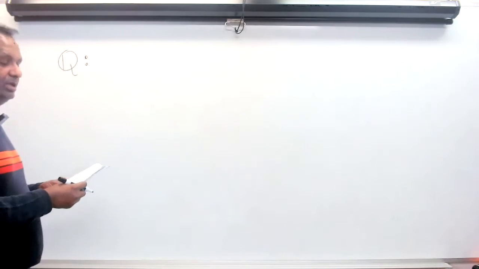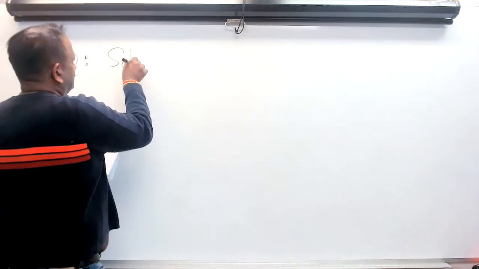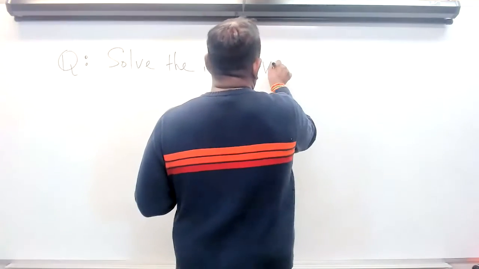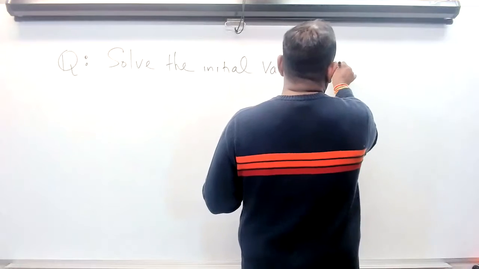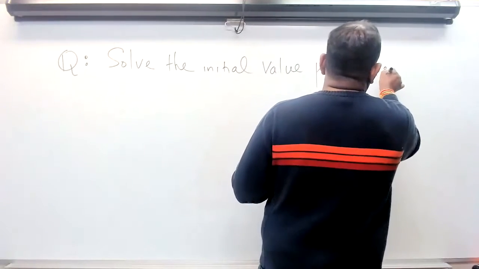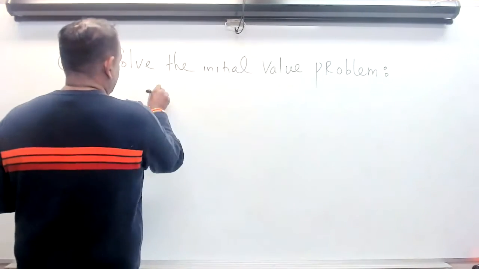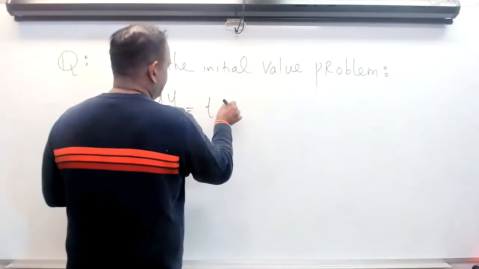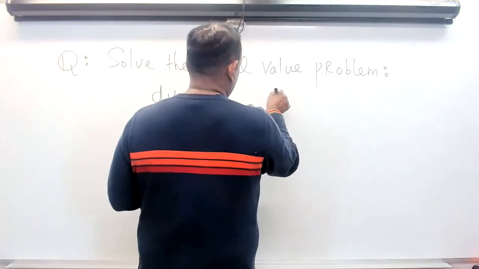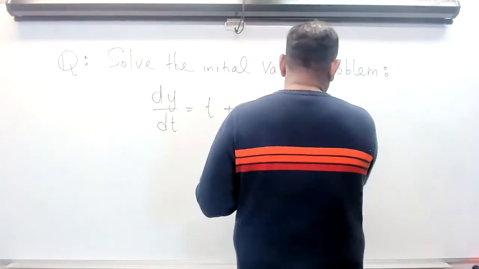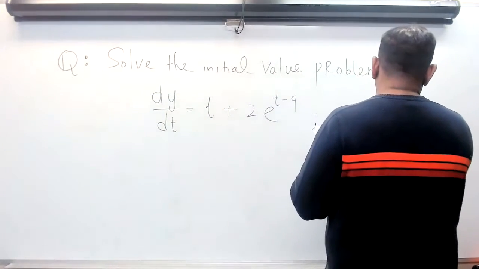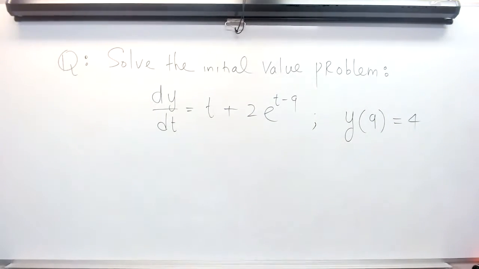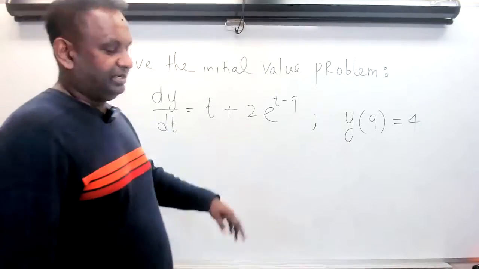Q: solve the initial value problem dy over dt equals t plus, t minus 9, y of 9 equals 4. See, it's been given like that. This part is the important part.